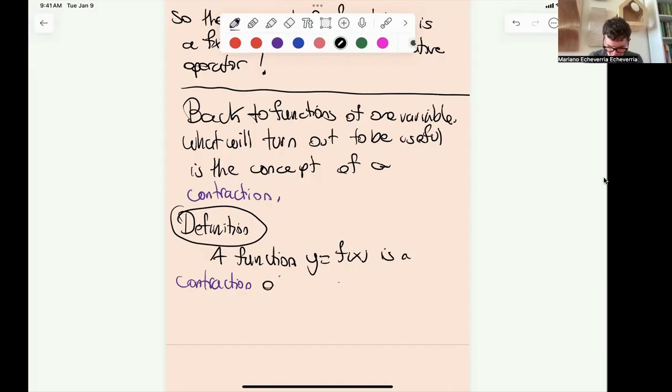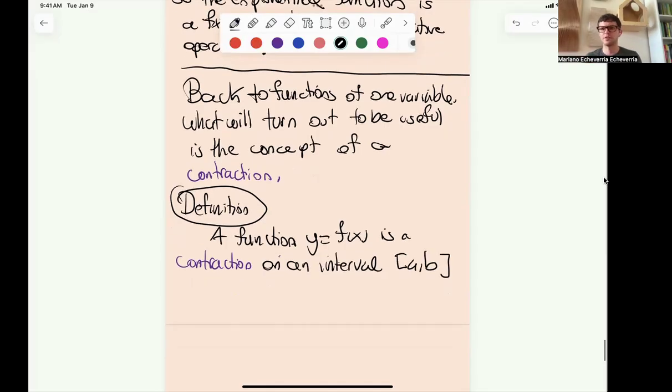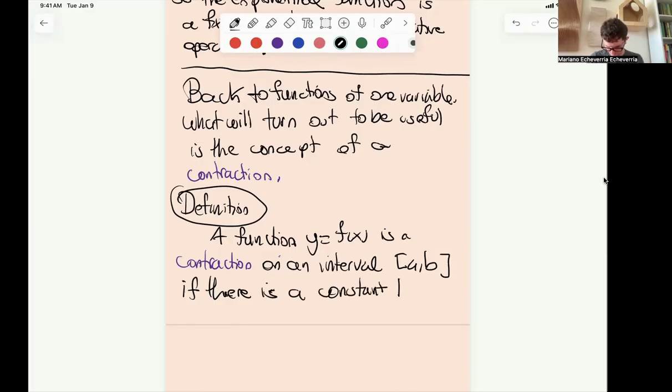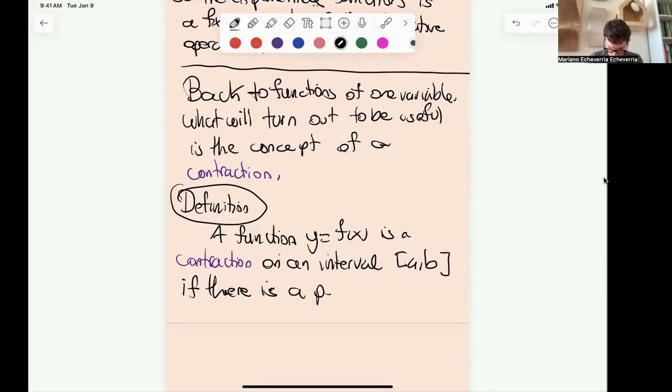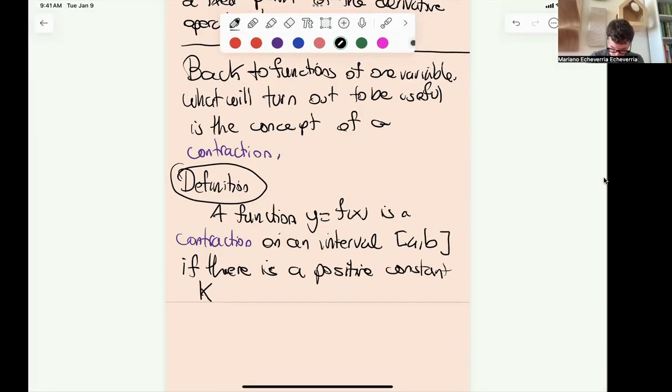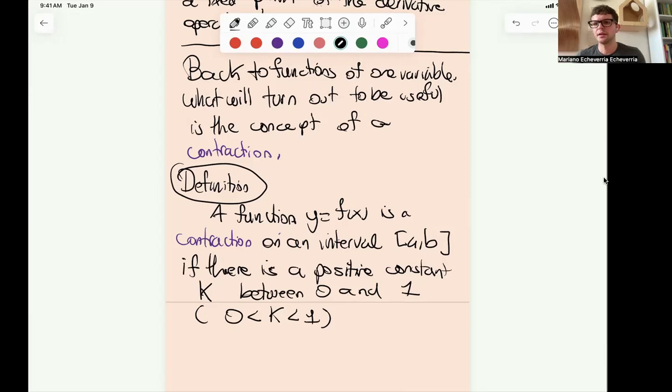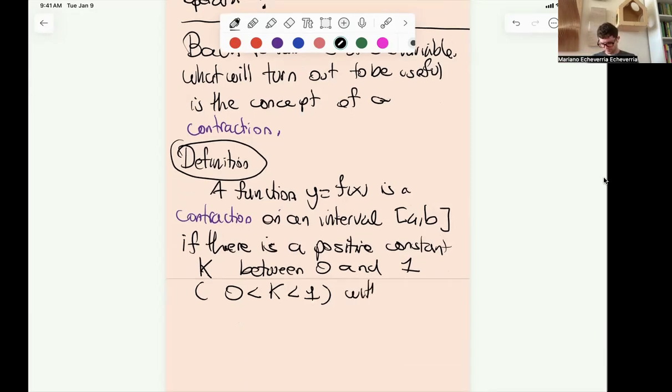It's a contraction on an interval [a, b] if there's a constant, which usually is called k, less than one, well, a positive constant. So k is between 0 and 1, with the following property. And I'm about to draw a picture, don't worry about it.